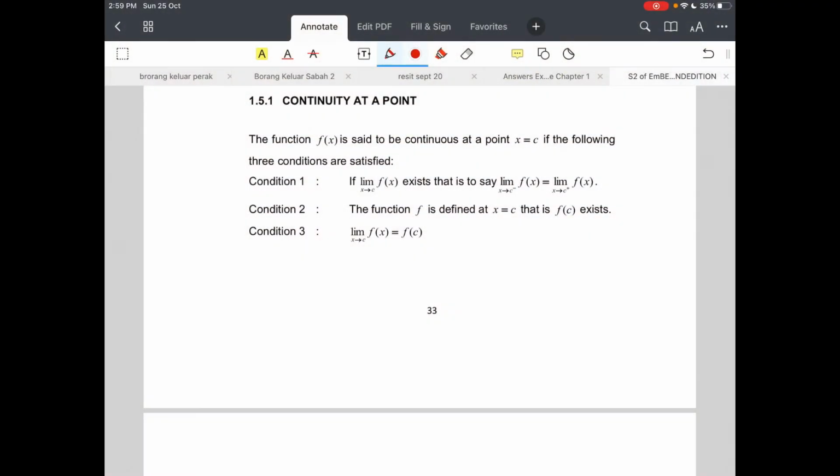Now we look into continuity at a point. When we want to determine whether, at x equals c, where c can be any number, the function is continuous or has any break or sudden jump, we need to evaluate 3 conditions.